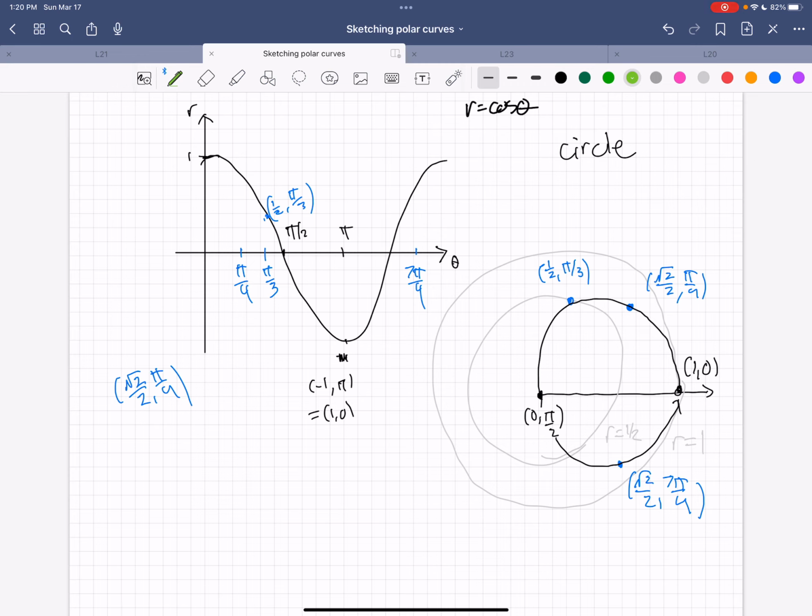If we did pi over 6, we'd get this point here, and I guess that would be at √3/2, and so on. Because cos of theta is equal to cos of negative theta, any point that we get up here, we can just reflect down there. So this one here is 1/2, negative pi over 3. And there's our circle. Nice.